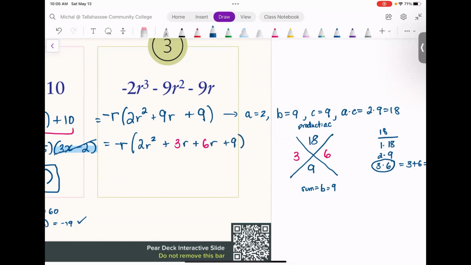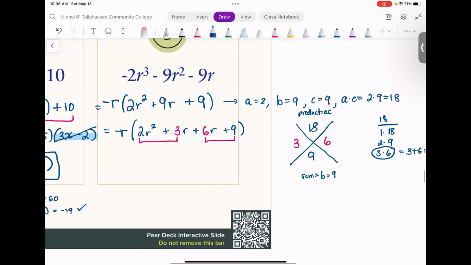Now I have 4 terms that are equal to my original expression, and I can divide out my greatest common factor of each pair of terms. At each new step, make sure to bring down your outside greatest common factor of negative r. In this first pair, the GCF of 2r squared and 3r is r.